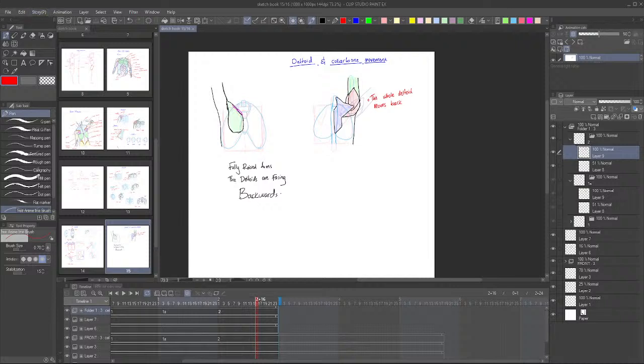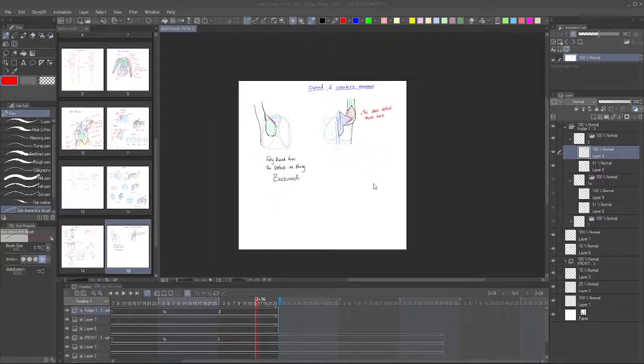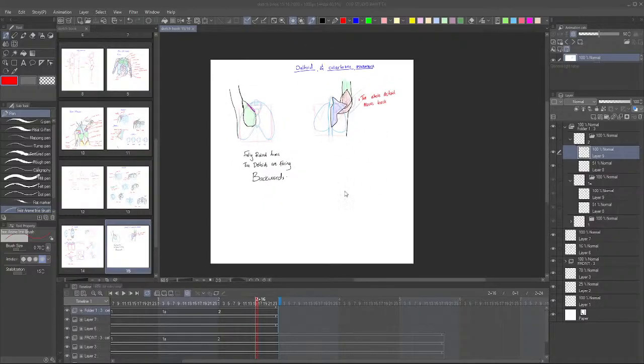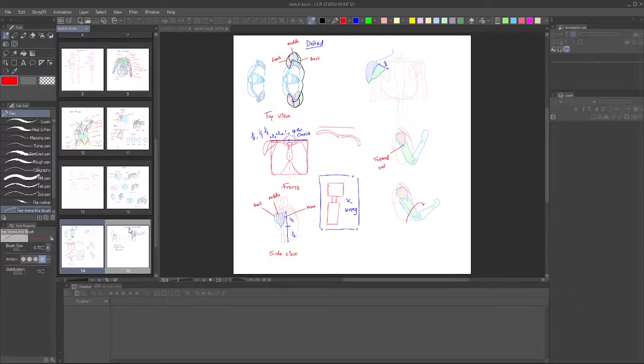So I'll take a short 5 minute break. Then when we come back, we're going to do some trapezius muscles. We're going to draw some traps, building on top of what we've been learning. So we've come far.